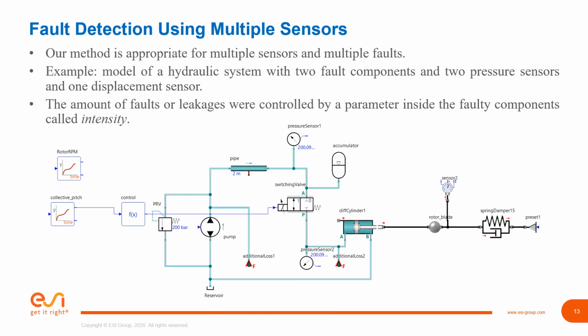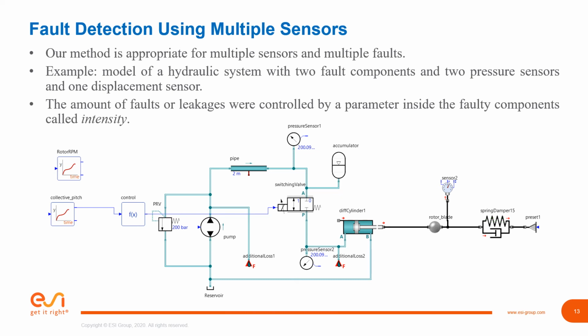We also need to prove that our method is suitable for multiple sensors and faults. So we have an example here: a hydraulic system with 3 sensors. We have 2 pressure sensors and one displacement sensor, and 2 faults, addition losses 1 and addition losses 2, and those faults are controlled by a parameter inside them called intensity.